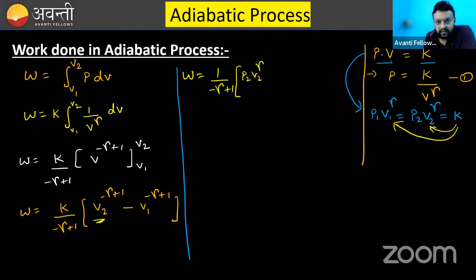P2 V2 raised to the power gamma, this is the value of K, into V2 raised to the power minus gamma plus 1. This is the complete term, minus again multiplied with K. V1 is already there, so I will put the value related to V1, that is P1 V1 raised to the power gamma. So what will it become? P1 V1 raised to the power gamma into V1 raised to the power minus gamma plus 1.